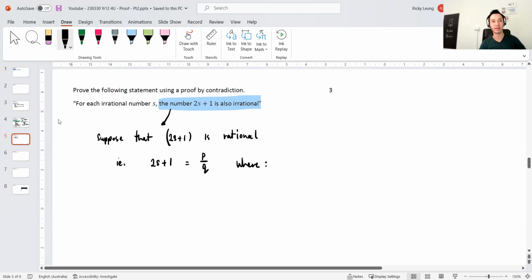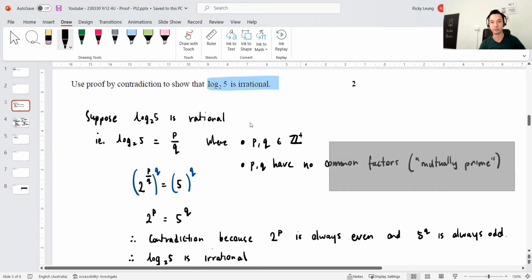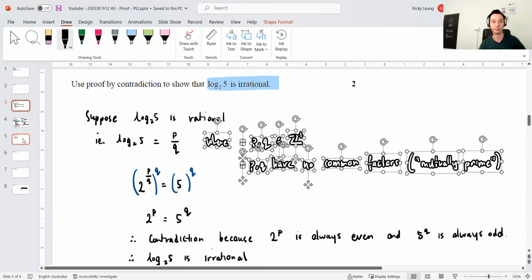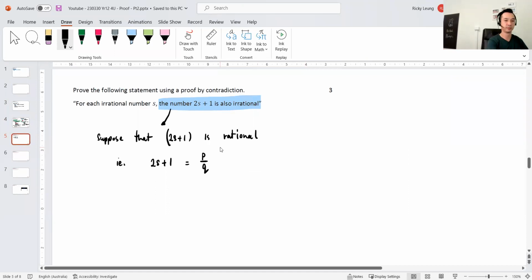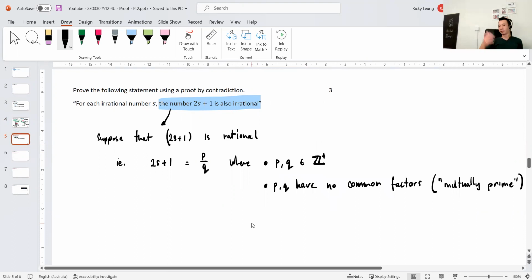Can I just copy and paste it? You and me, we've got better things to do. I'm just going to go boom, boom, perfect. Copy and paste. Now, if that's rational, that fraction holds.